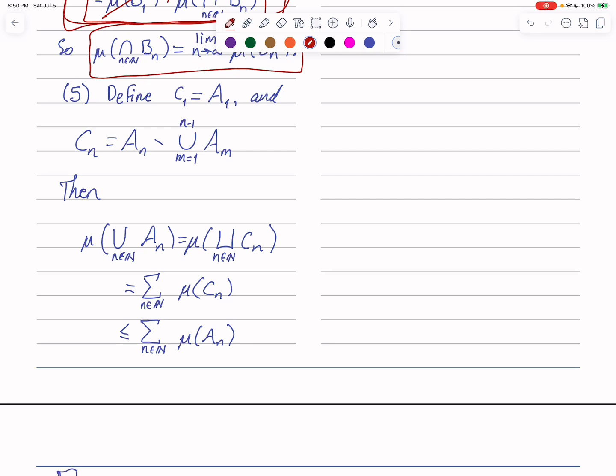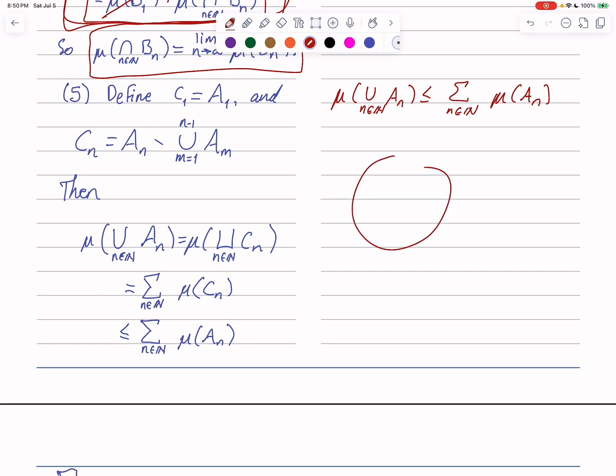Finally, we'll try to prove that the measure of a union is less than or equal to the sum over all of the individual measures. Again, we need to form a disjoint sequence. This time, we don't necessarily have a chain, right?